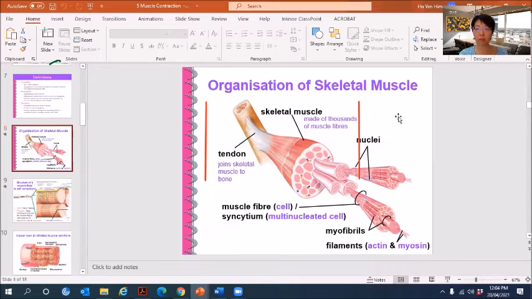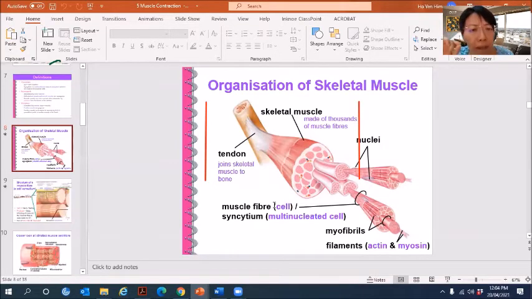Now, muscle is a tissue, so inside the tissue there should be muscle cells. If you look at this structure here, which is a skeletal muscle, inside this tissue there are a lot of muscle cells, which we call muscle fibers. If you remember eating chicken thigh, or some lamb or beef, you can find the muscles have a fiber-like structure.